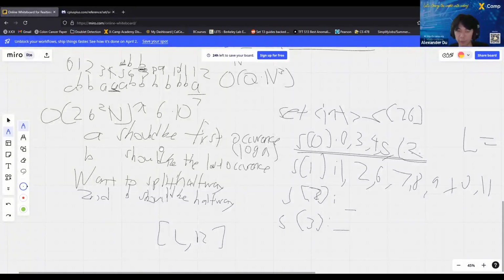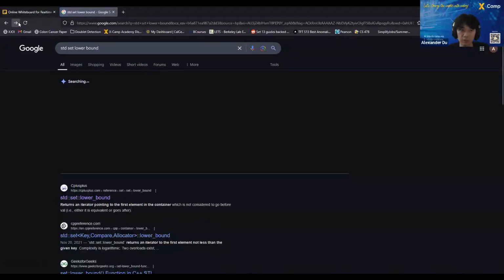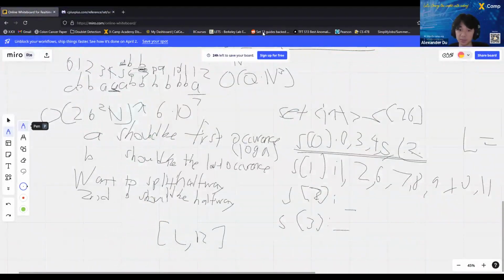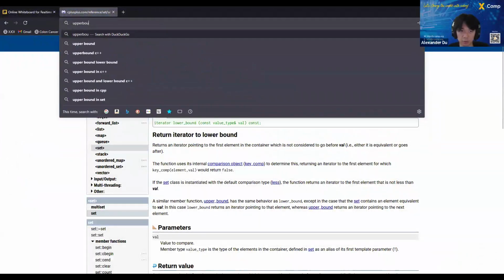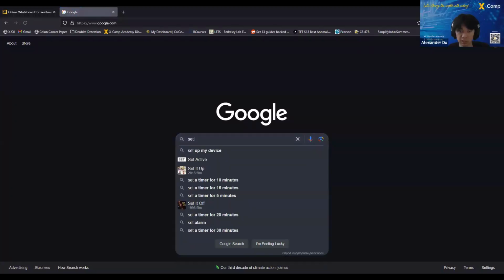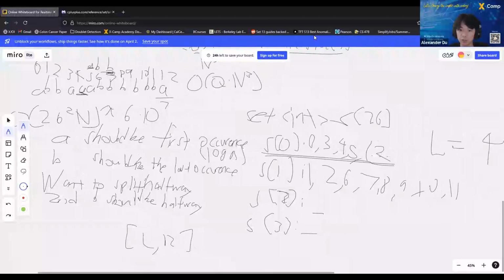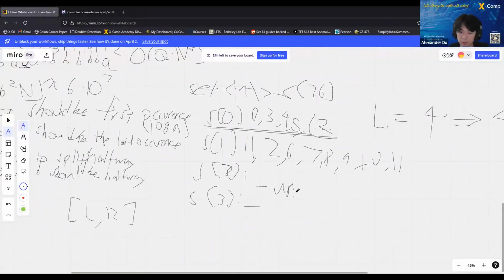Similarly, if we want to find the last occurrence of B, it's pretty easy to do. Same thing, we use set lower bound, but instead of lower bound this time we probably should use upper bound. It doesn't matter, just find some way to implement it. The best way to do this is lower bound on r+1.